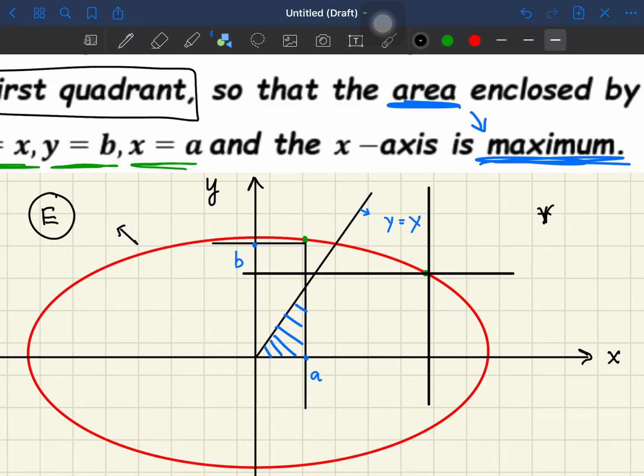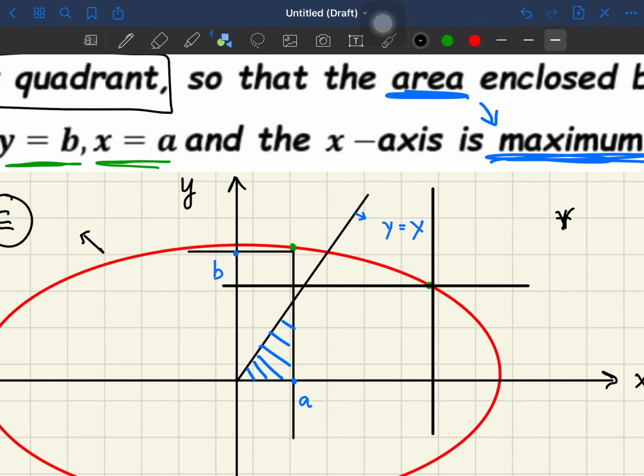So you might see that it's more than you think. As you can see, you have y equals x here, which is this line, and also y equals b, and x equals a. These are the lines responsible for the area, primarily this one and this one.